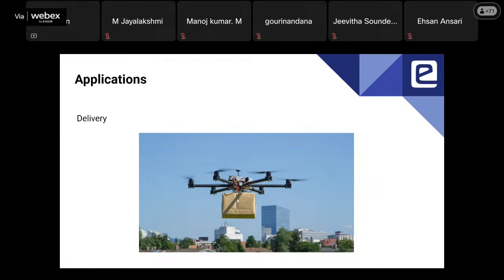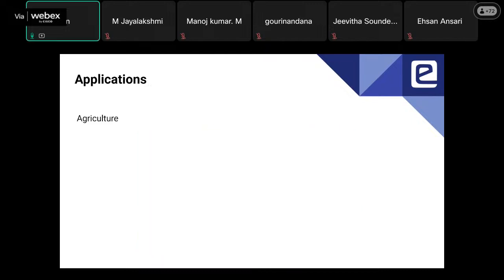Here you can see a drone delivering a package. Just like in the US, Amazon uses drones to deliver packages from their warehouse to people's houses. So one application is delivery.